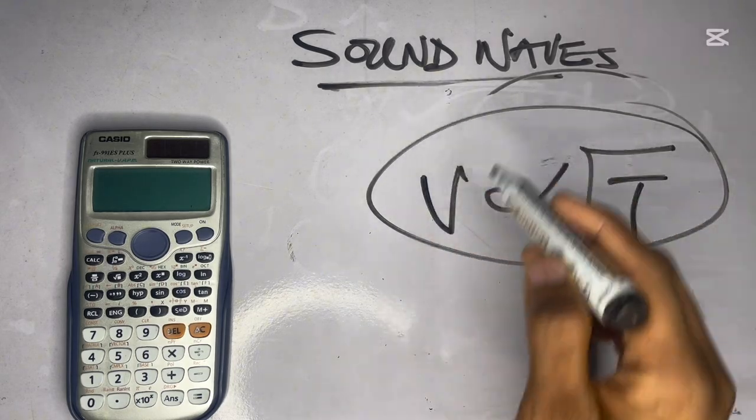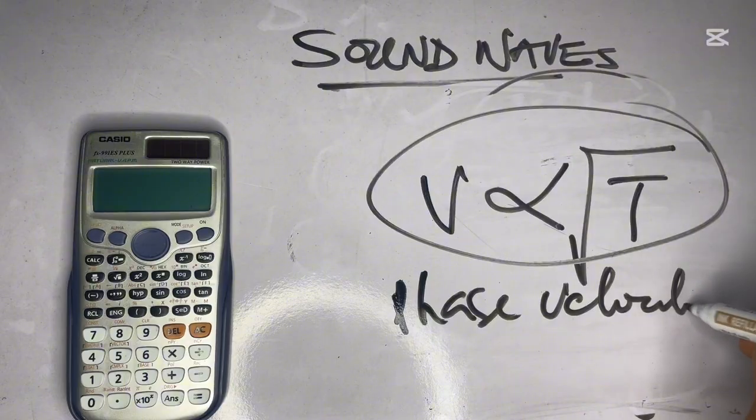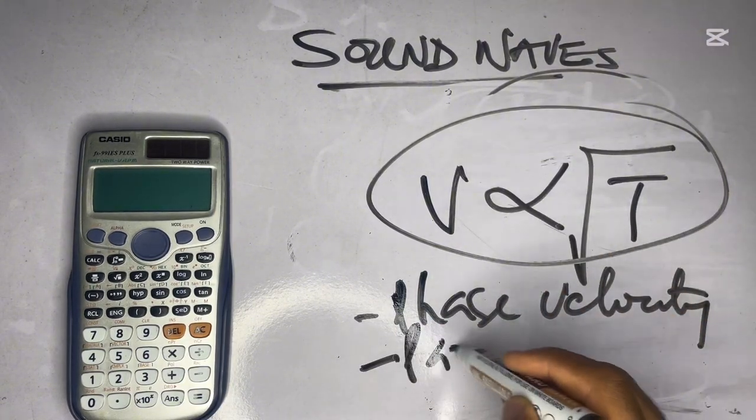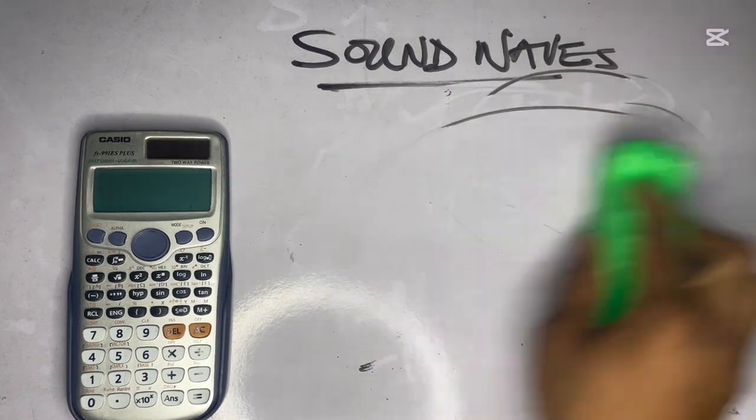When it comes to sound, we have the phase velocity, and we also have what we call the particle velocity. I'm going to be distinguishing both of them. So let's define phase velocity quickly.